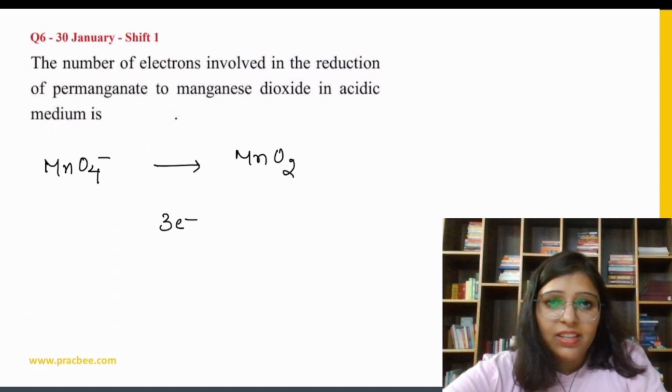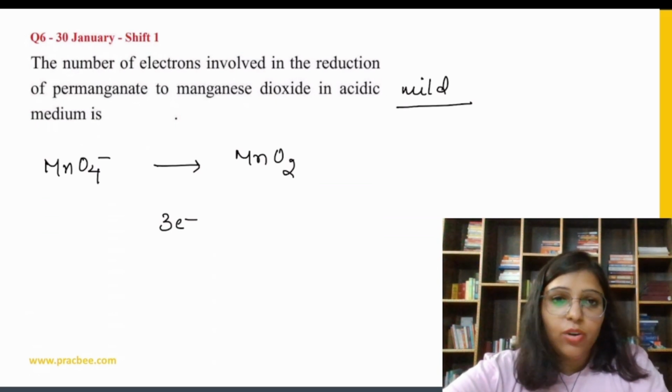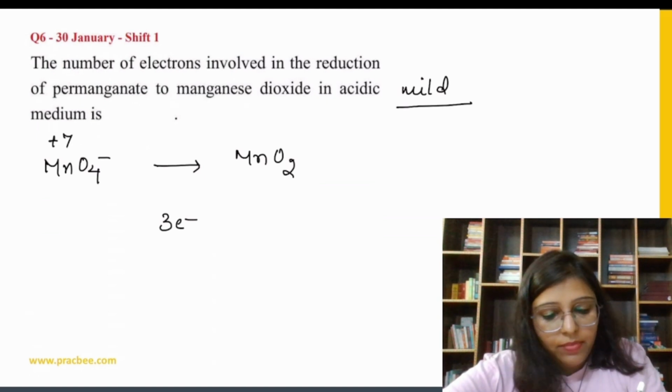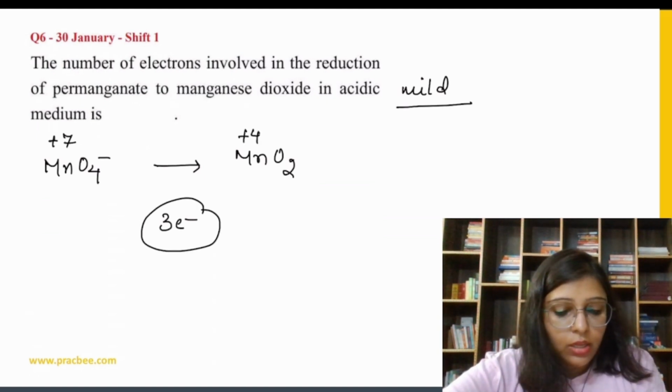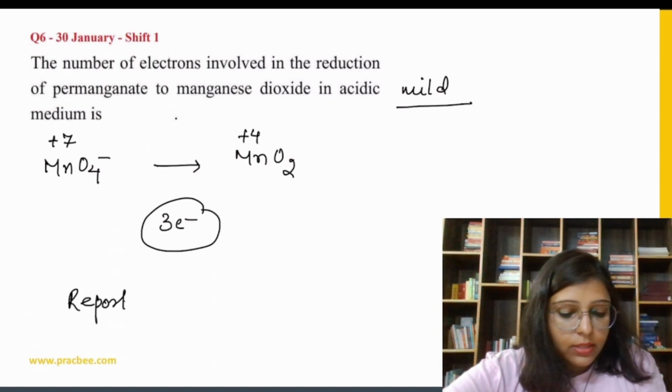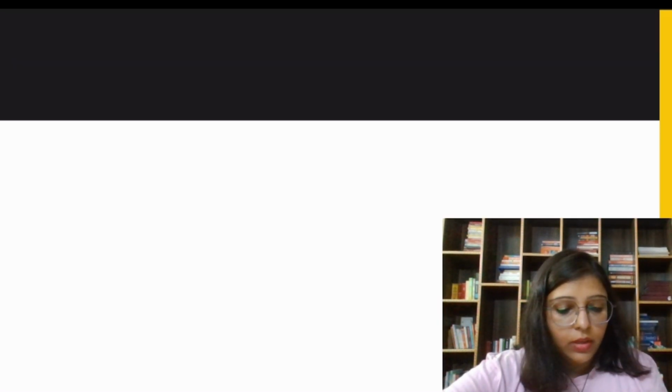Or we can say mild acidic medium, neutral medium, also 3 electrons, because here it is plus 7 and here it is plus 4. So the change in number of electrons is equal to 3 electrons. So report the answer in terms of 3.